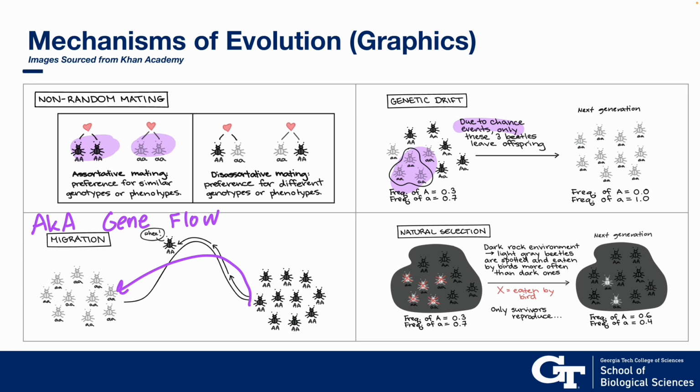And then lastly, we have natural selection. Hopefully we know that by now, where there is some form of selective pressure that's conferring a fitness advantage to certain traits. So for example, we have these dark colored and light colored bugs, or beetles. In this case, the dark bugs are selected for, obviously.